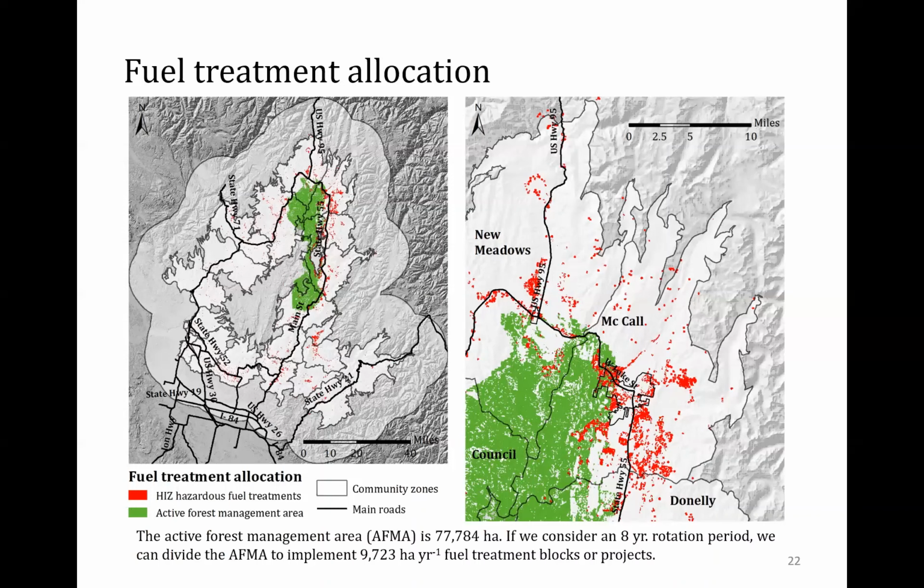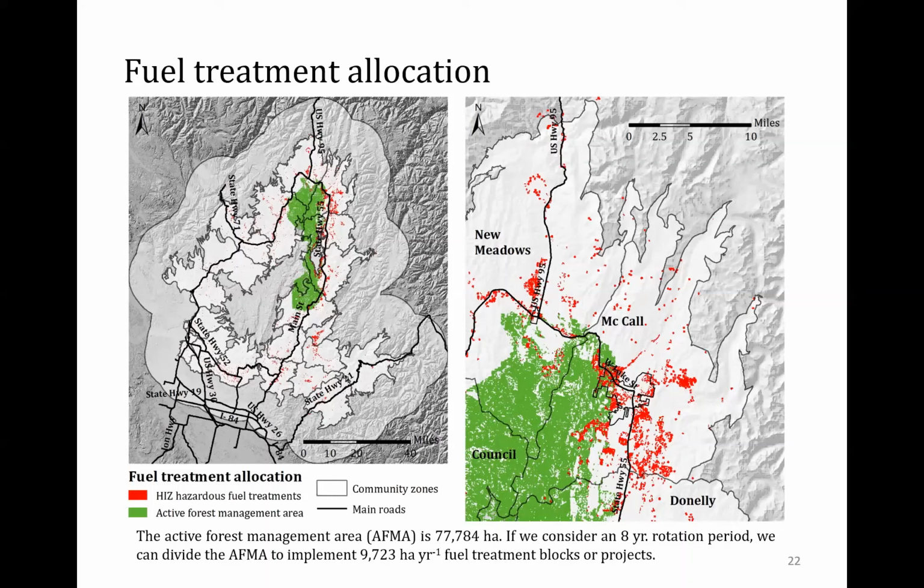in communities. This active forest management area is about 77,000 hectares, and considering an 8-year rotation period, this could be divided into 8 projects of about 9,723 hectares per year.